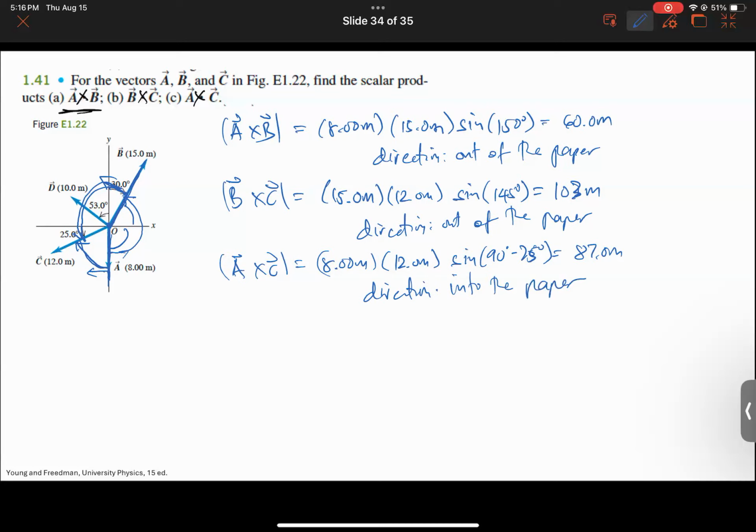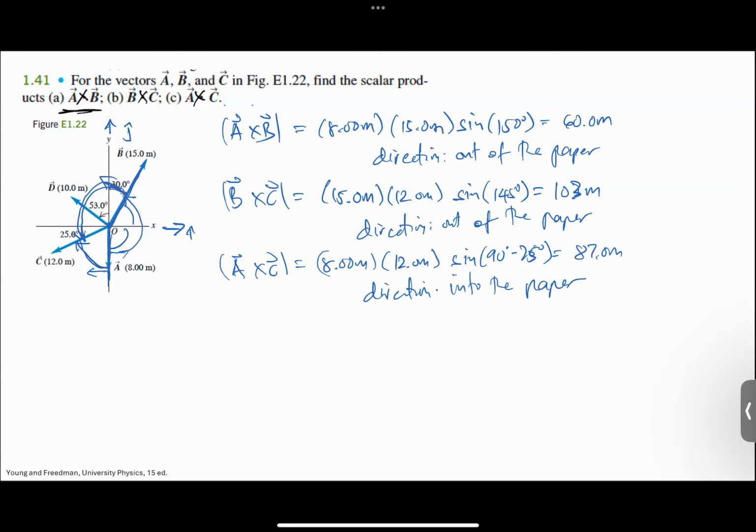Now since X is indicated by unit vector I hat and Y by unit vector J hat, using the right-hand rule, I hat to J hat, the unit vector pointing out of the paper is positive K hat. So we can write this as K hat, this as K hat, and this as negative K hat.